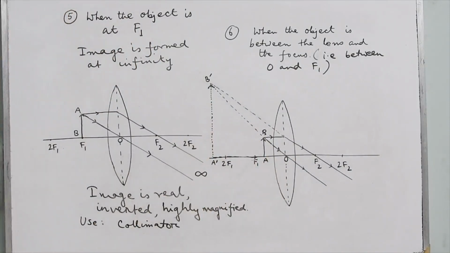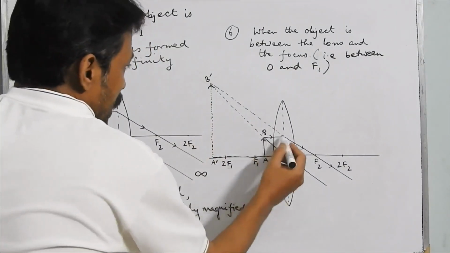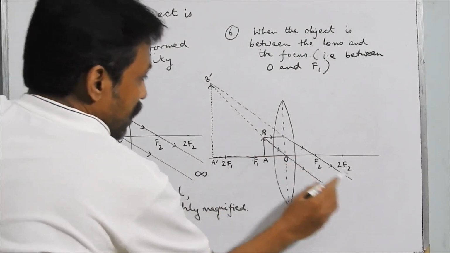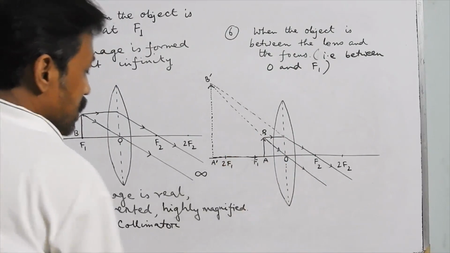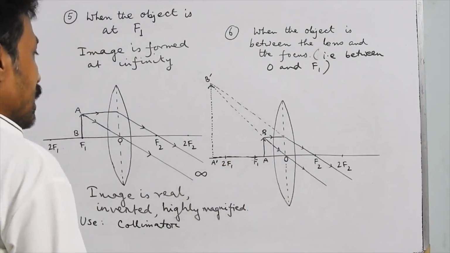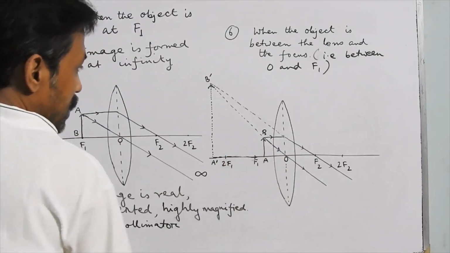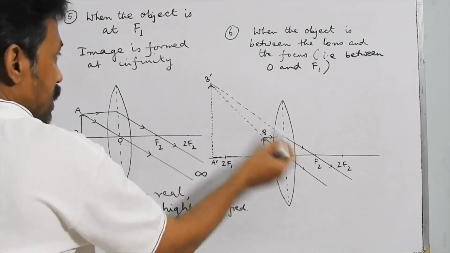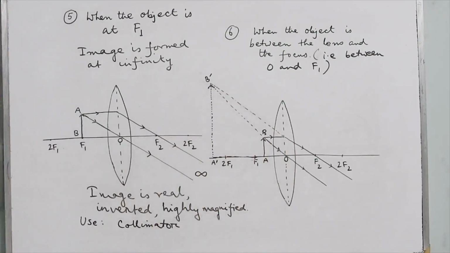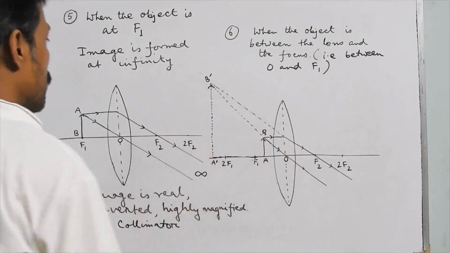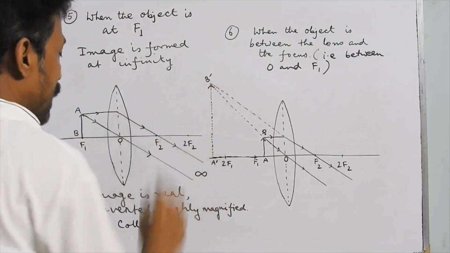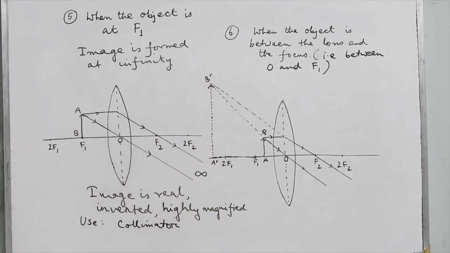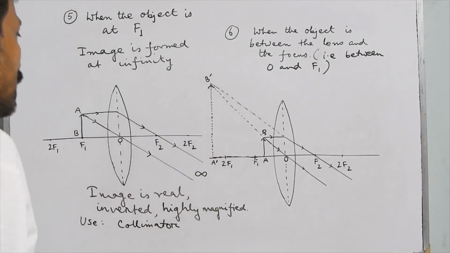We again consider two sets of rays: a ray parallel to the principal axis, which after refraction passes through the second principal focus, and a ray passing through the optical center, which will go undeviated. Now these two rays do not meet, so they are produced backwards and they meet somewhere behind the object, and we get an erect, magnified, virtual image.